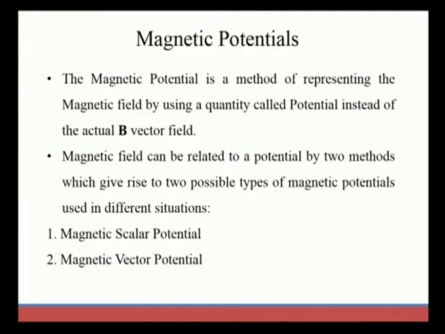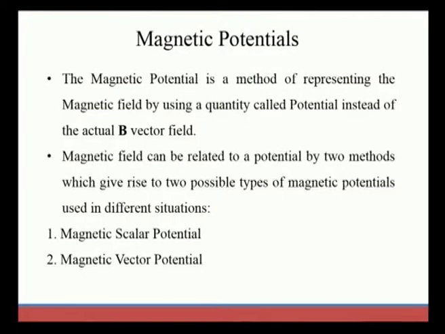But here, with the help of magnetic potential, another quantity will represent the magnetic field. Previously a vector field was used for the magnetic field, but now we use another type of quantity, called a potential. So here we are going to use a potential instead of the vector field. It is called a magnetic potential.